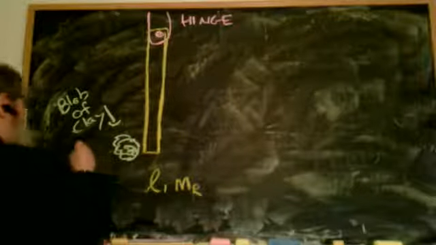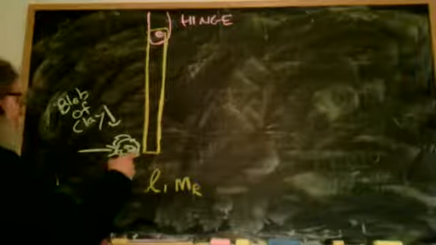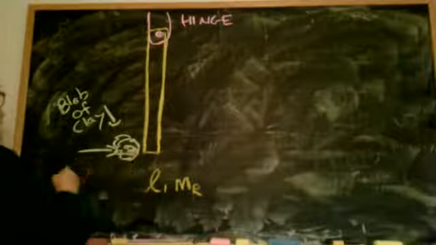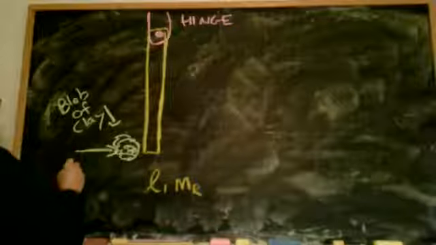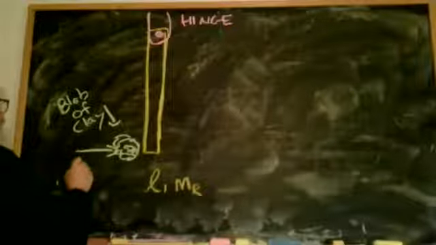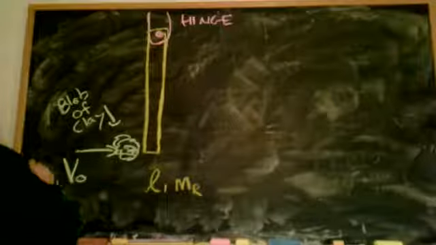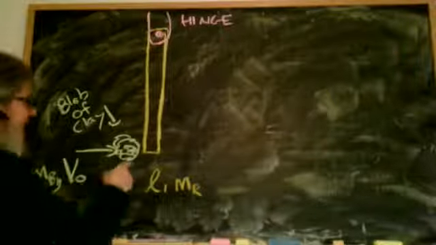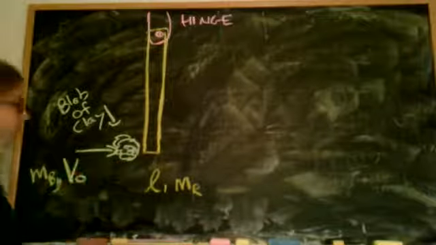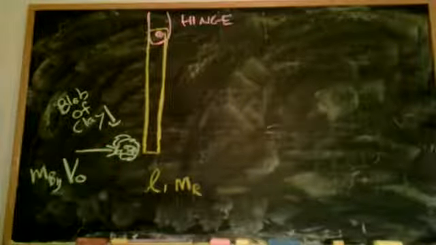And indeed, that blob of clay is coming in, and just before impact the blob will have a linear speed, which I will call V naught, and it will have a mass, M sub B. So M sub B is given and V naught is given, and basically I've got an impact of this blob on the very end of the rod.